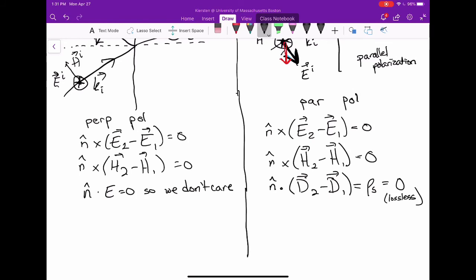Similarly, parallel polarization doesn't have a normal component for the magnetic field, so we don't care about B2 minus B1. Well, in the perpendicular polarization case, we have to say that the normal components of the magnetic fields should be equal across the boundaries.